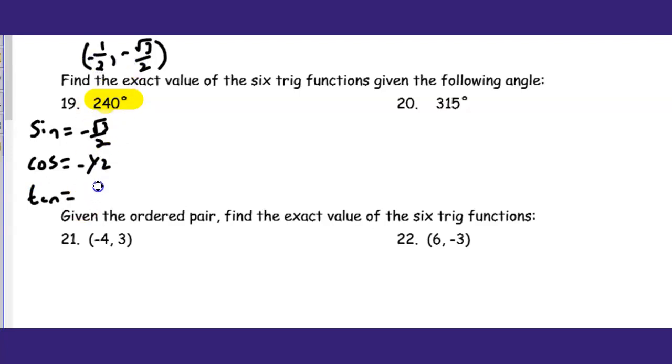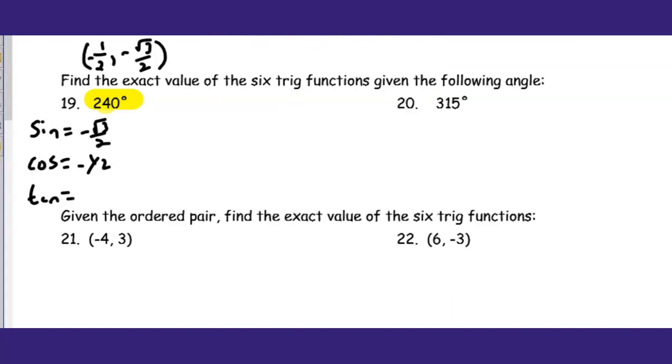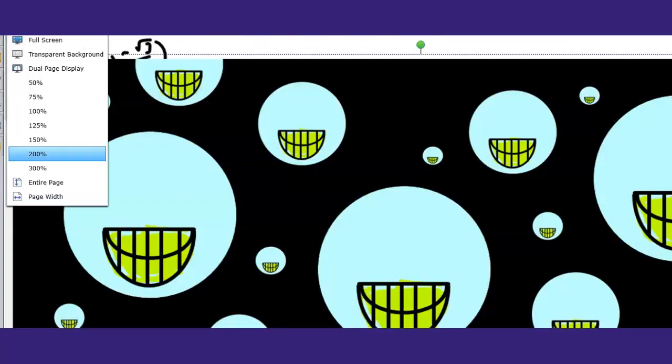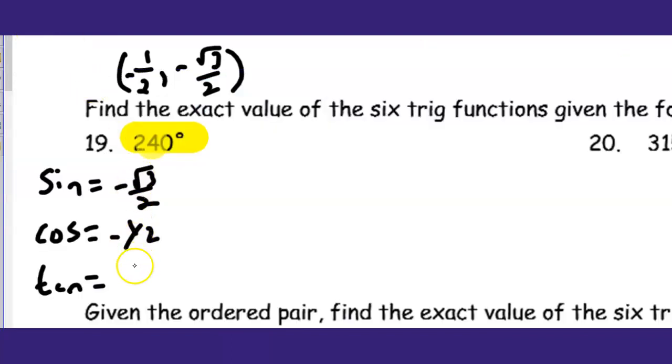That is negative radical 3 over 2 divided by -1/2. But remember, we keep this, change that, and flip that.